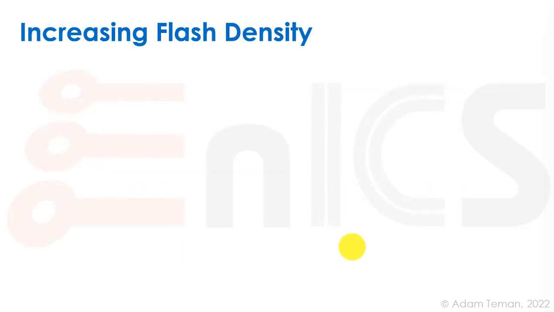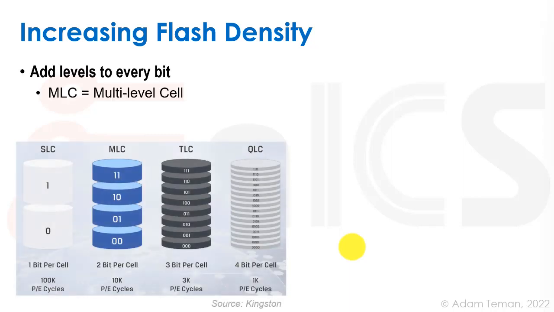So how can we increase flash density? How has it gotten to the state where it's so much more dense than NOR flash that we actually hardly ever use NOR flash today, except for in these boot ROMs and so forth? Well, the first thing is that we can add levels to every bit, and this is a multi-level cell. Actually, the first one was invented by an Israeli company called Saifan, where they were able to put several levels inside a bit.